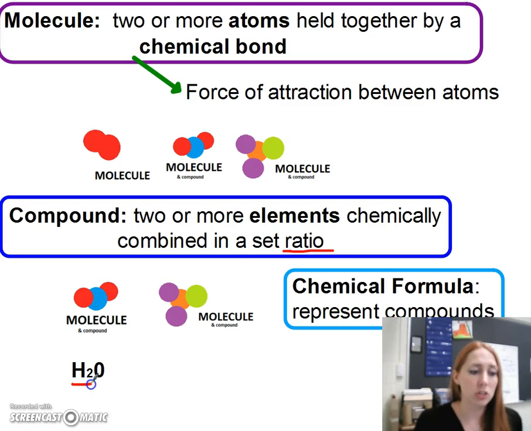For example, H2 tells us that there are 2 hydrogen atoms per 1 oxygen atom in every compound of water. So every molecule that we see of water has 2 hydrogens bonded chemically to 1 oxygen. So that's represented by our chemical formula.